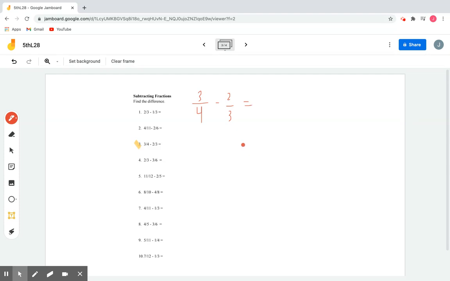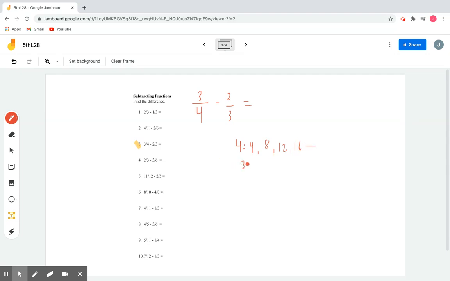So to find that, we're going to write the multiples of 4 and 3 because we don't have the same denominator. So the multiples of 4 will be 4, 8, 12, 16, and then more.